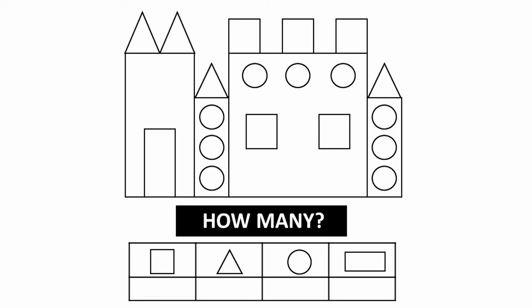Here is a picture of a beautiful castle. It is made out of different shapes. Your job is to count each shape separately and see how many are there. So first, count how many squares are here.